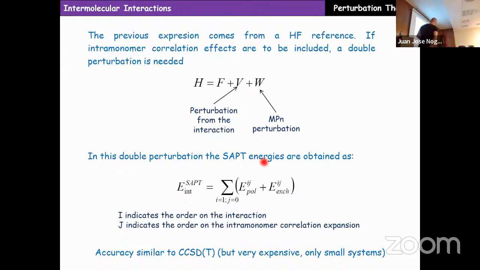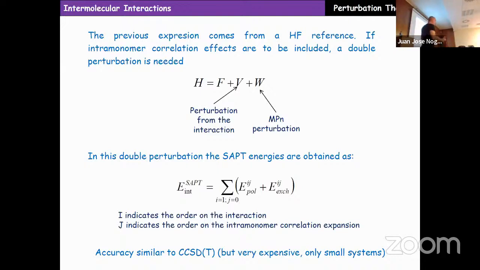And in this double perturbation scheme, everything is more complicated, of course. I have many terms because I have terms that depend on the order of perturbation, intermolecular perturbation and intramolecular one. So the intramolecular is the electron correlation. Okay. So we have two superscripts here in this summation. I indicates the order of the intermolecular interaction, and J indicates the order of the intramolecular correlation expansion.